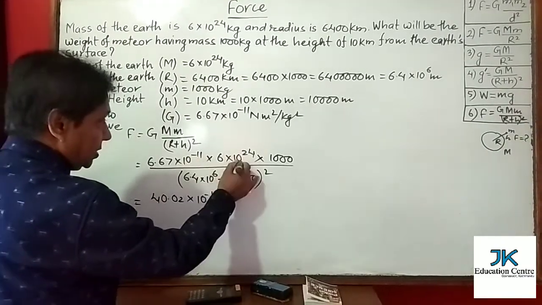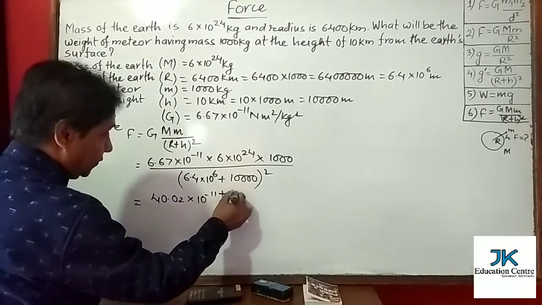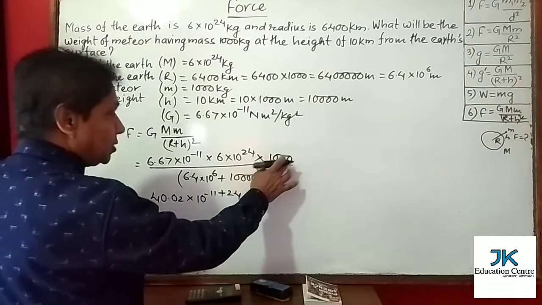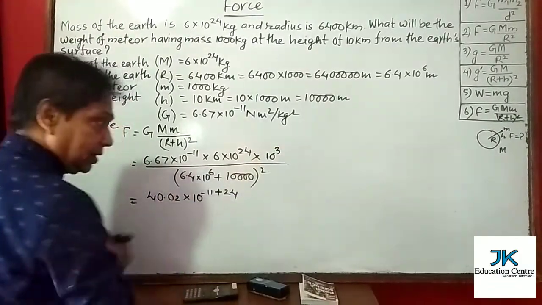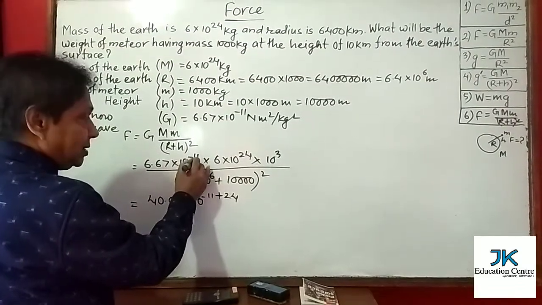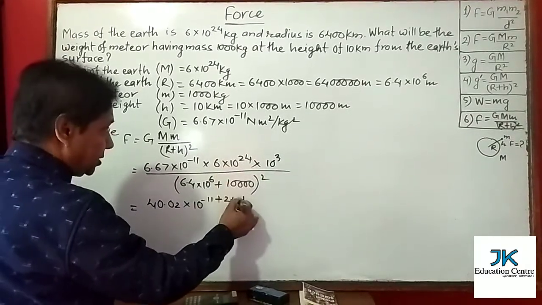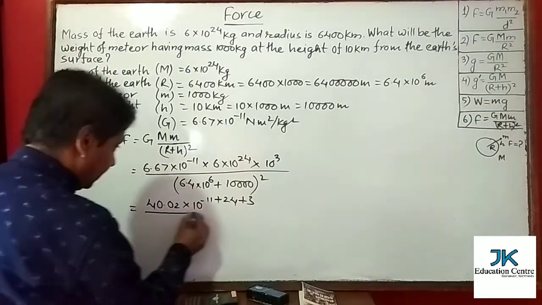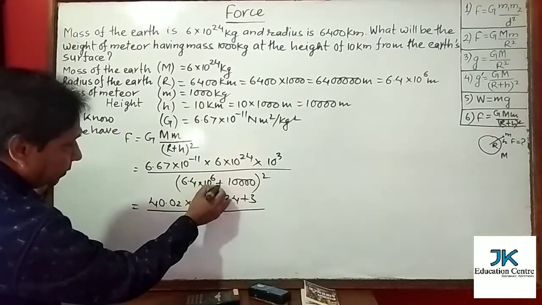Here we have the same base, that's why 10 to the power minus 11 plus 24. This 1000 can also be written as a power of 10: 10 to the power 3 is 1000, that's why minus 11 plus 24 plus 3. Now we have a plus sign here.